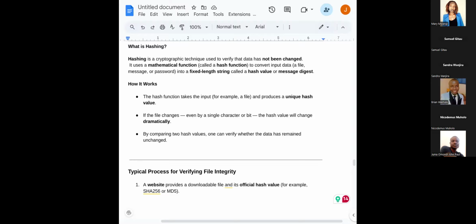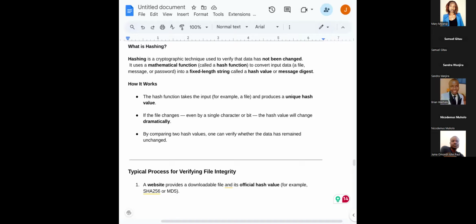And guys, who can remind me? Yesterday we touched on it. Who can remind me the Linux command that we used to ensure that our file remained untouched, unchanged? I'll be waiting on your answer. Yes, Sandra, checksum.